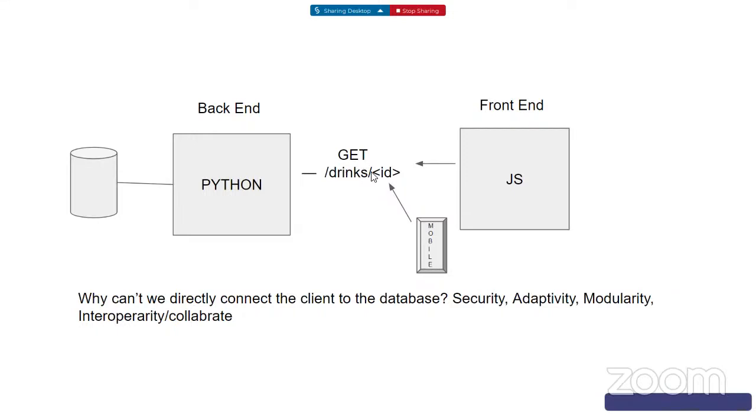The data from the database is already there, so it is very convenient to get the data just from the API. Okay, so this is adaptivity, and modularity.